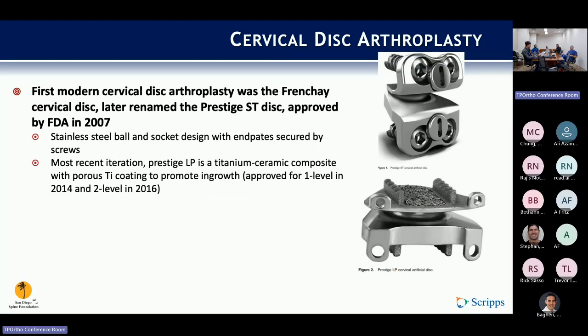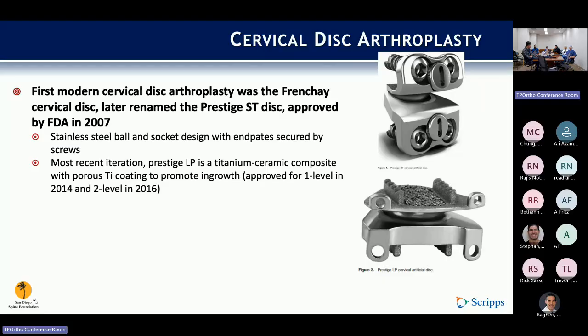The first modern disc was developed very early, FDA approved in 2007. It included a stainless steel ball and socket design and plate secured by screws. And then the most recent iteration of this one is the Prestige LP.